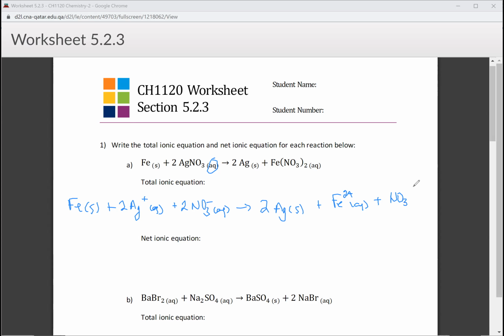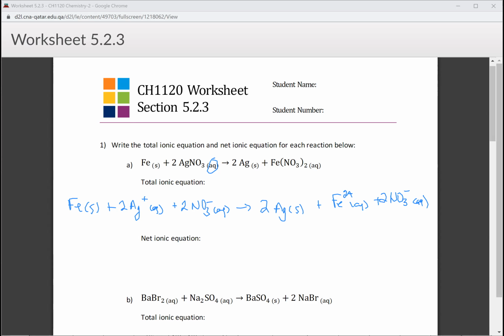And NO3, I get 2 of these. There you go. That's aqueous. Sorry, I kind of ran out of room there. All right, so there is my total ionic equation.